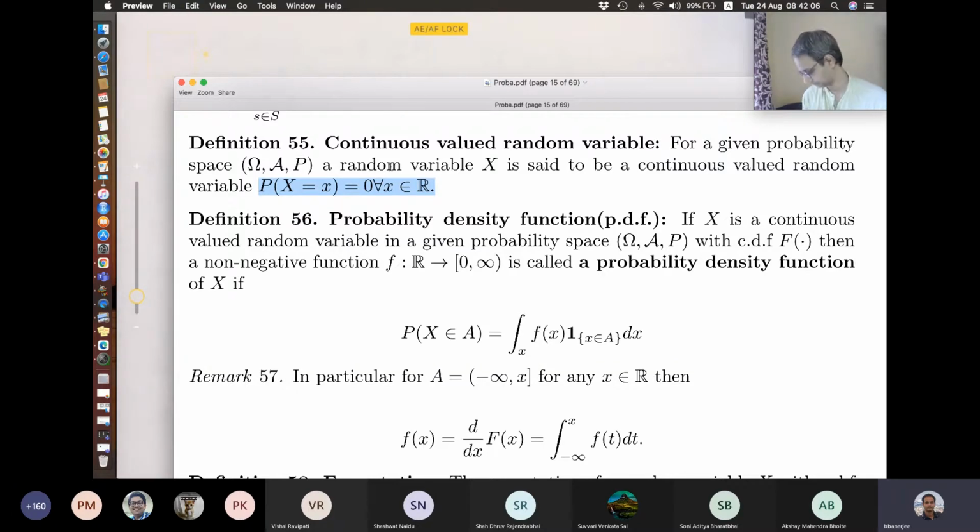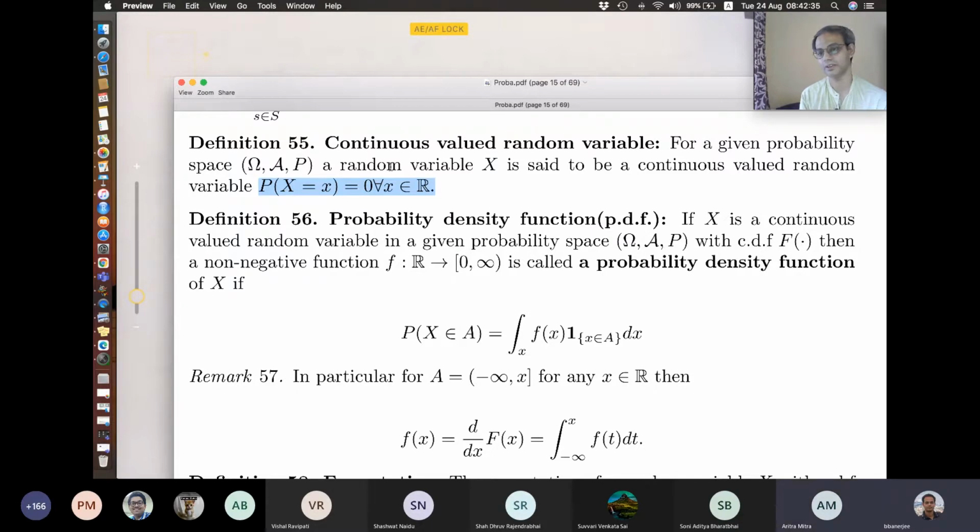First, let me know. If the probability of X equal to x is 0 for all values of x, then how is the total probability being 1? The total probability we are no longer calculating through summation. So there is no problem to have the probability 1.